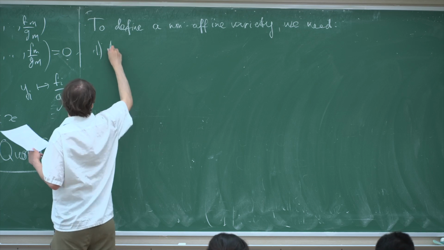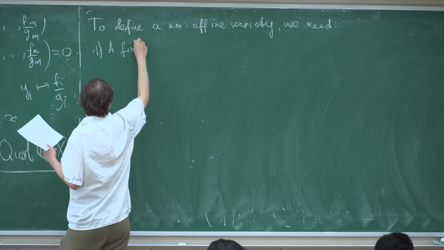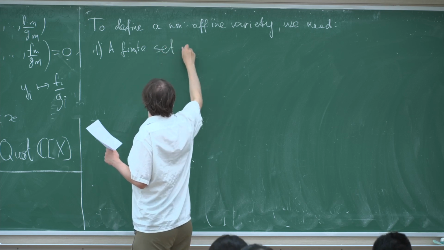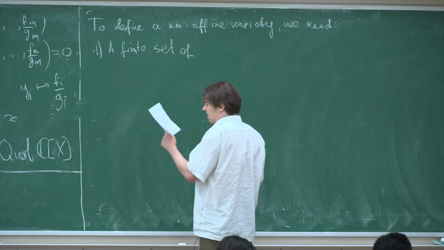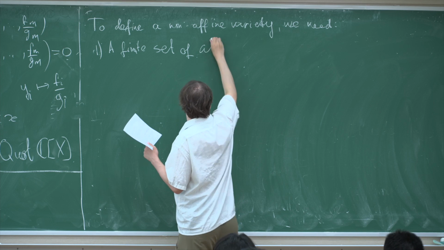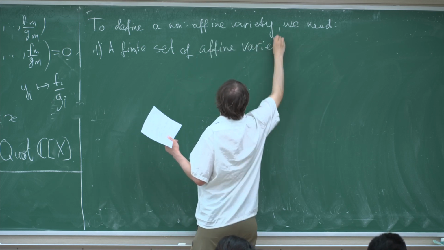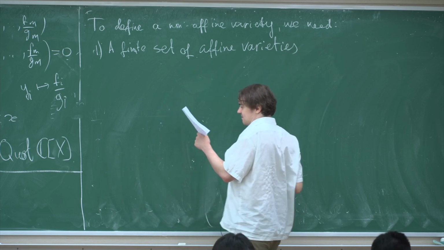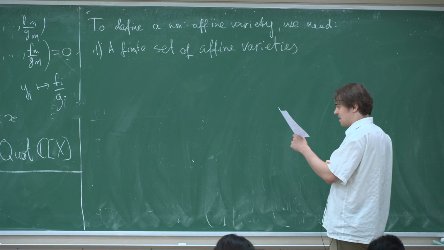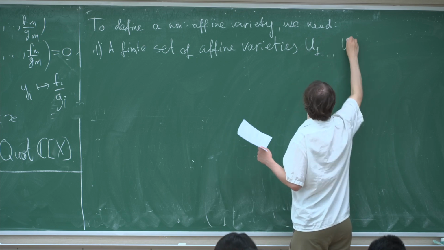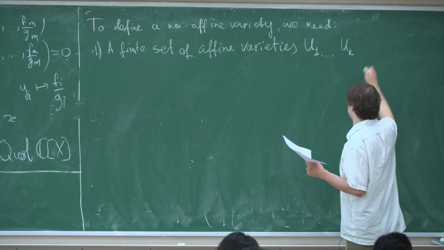First, a finite set of affine varieties U1, ..., Uk called affine charts.